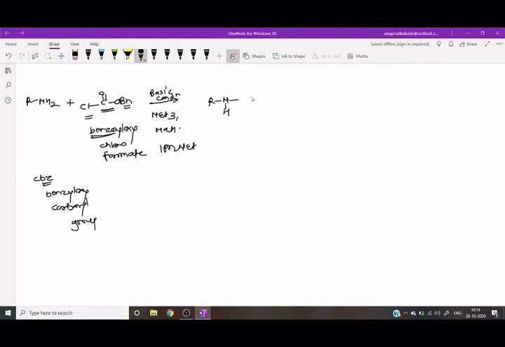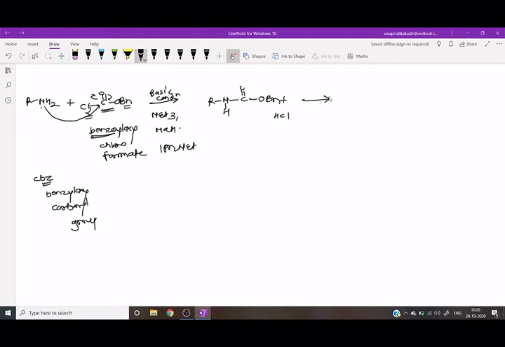This is the trick to remember. Sorry, RCO. RNHCO2Bn, byproduct is HCl.